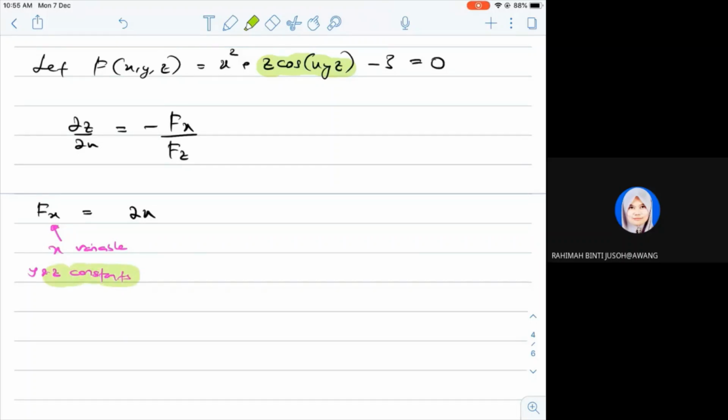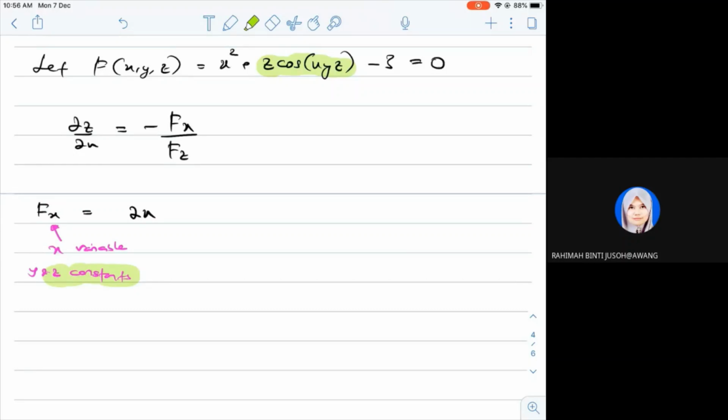So no need for you to use product rule. That's the benefit of using the second method. Ini kelebihan guna kaedah alternatif ni, sebab you hanya fokus pada satu variable sahaja. Kalau kaedah yang first method, direct method tu, you kena guna product rule nak selesaikan z cos xyz ni. But in this case, only x is variable.